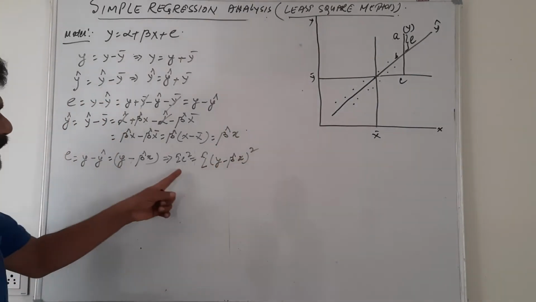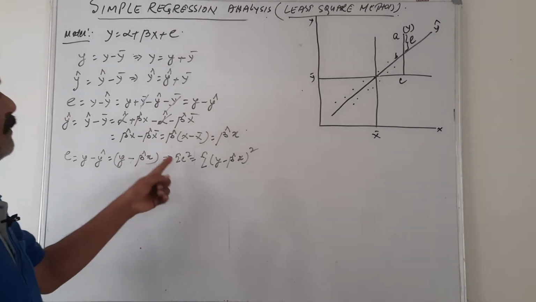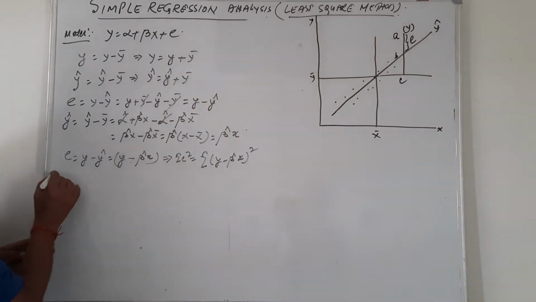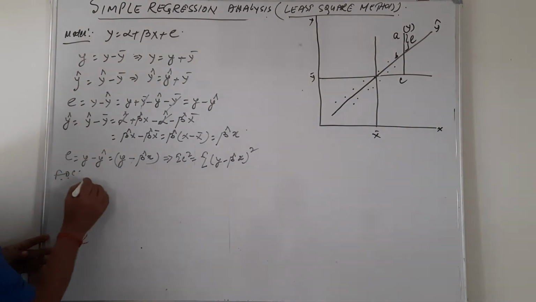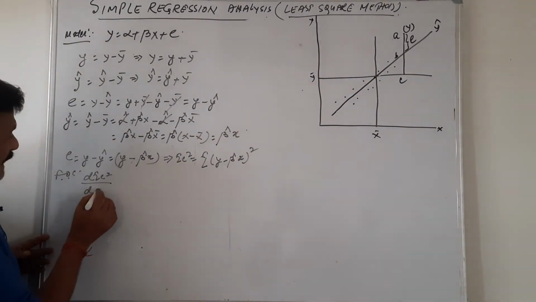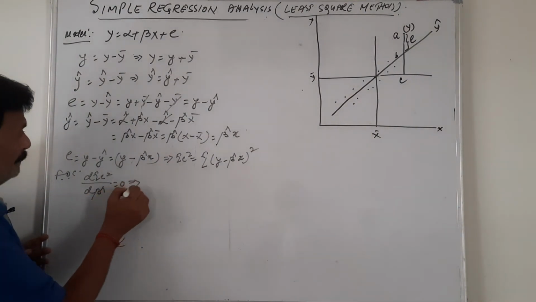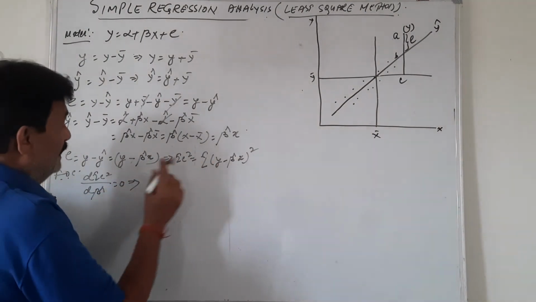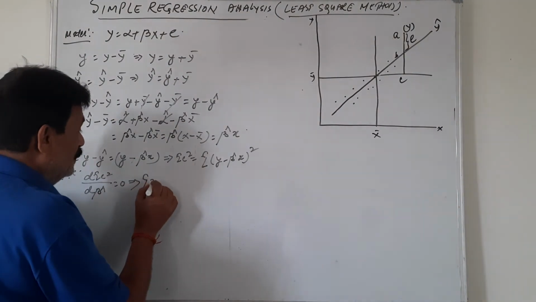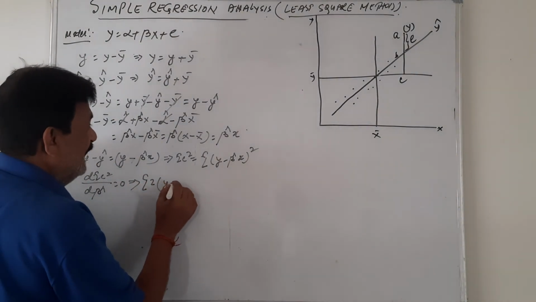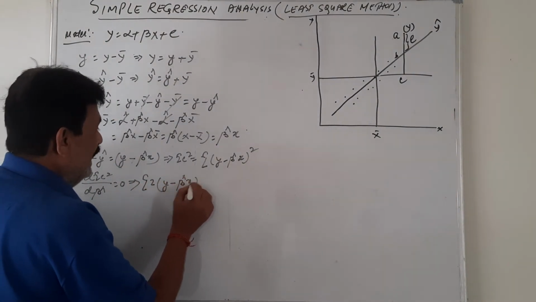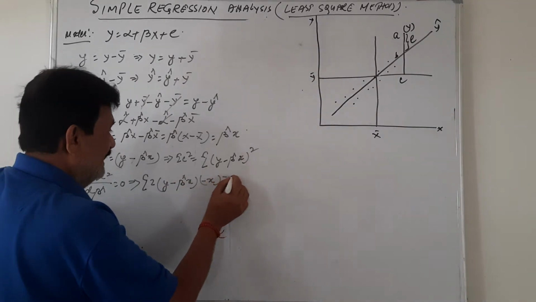Now this summation e square is once again minimized with the help of calculus. So the first order condition is d summation e square by d beta cap equals 0. With respect to beta cap, this has to be differentiated. So 2 into y minus beta cap x into minus x equals 0.